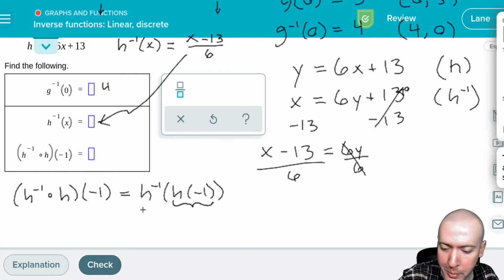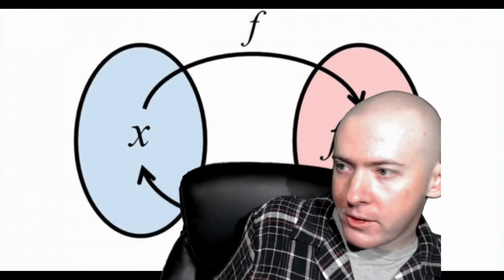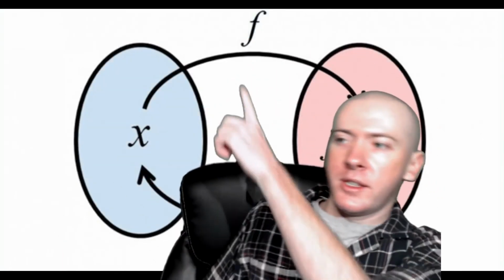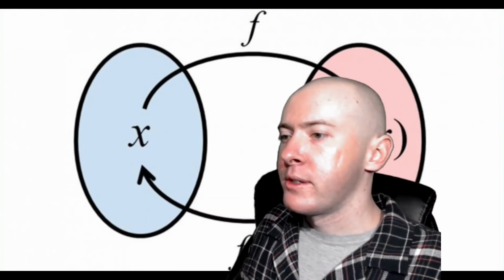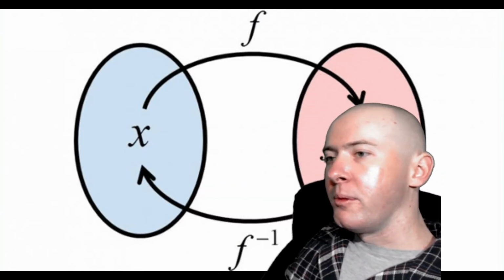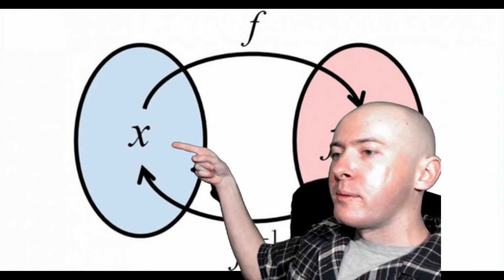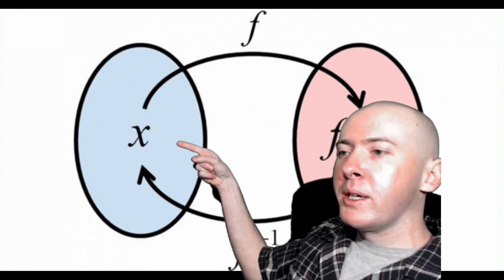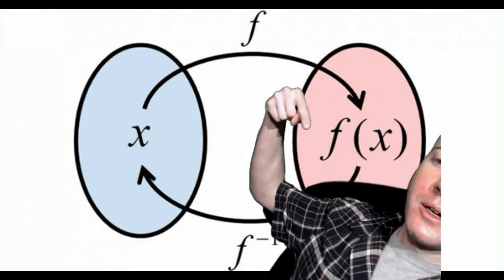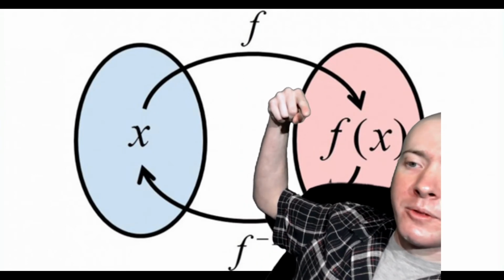Imagine that instead of f and f inverse down there, it was h. We're starting with -1, that's our x value. We plug it into h and get a y value of the function.